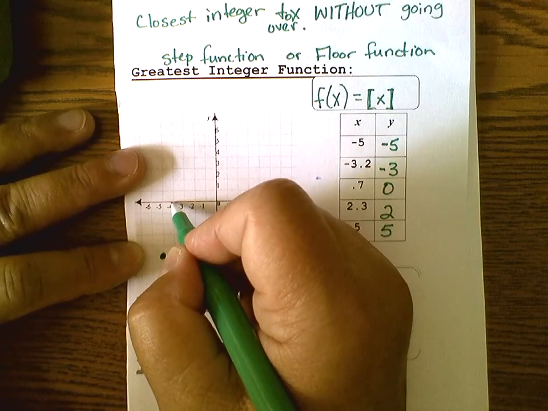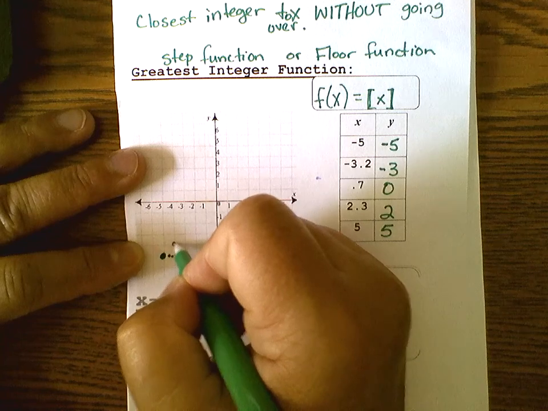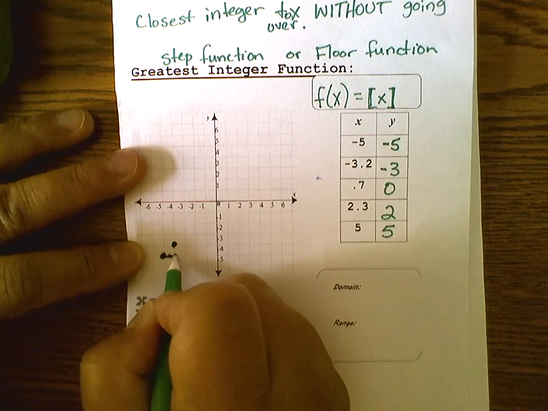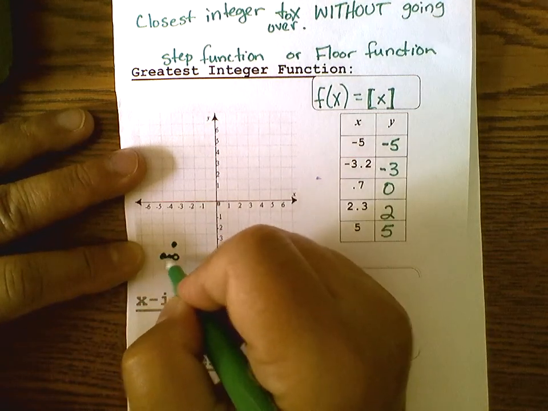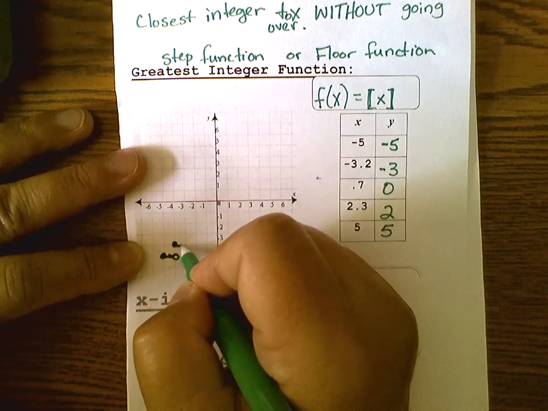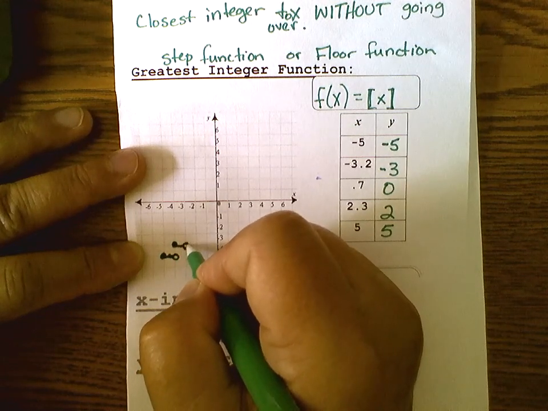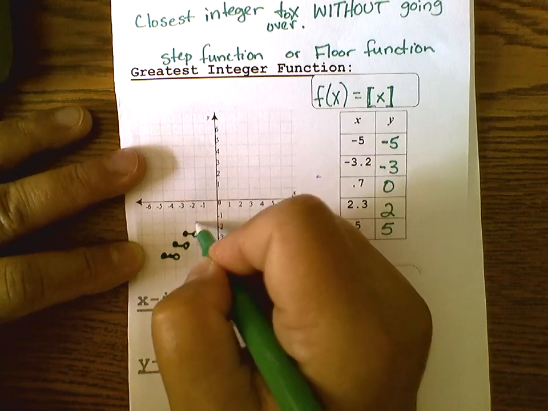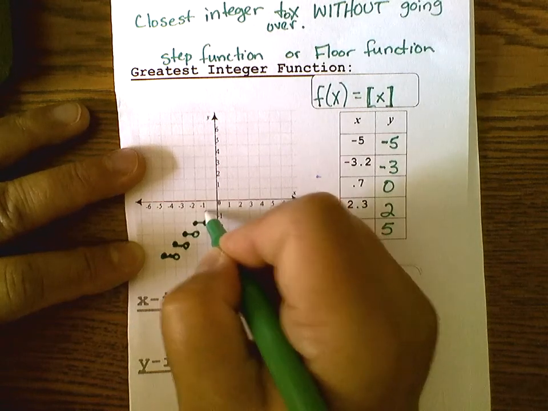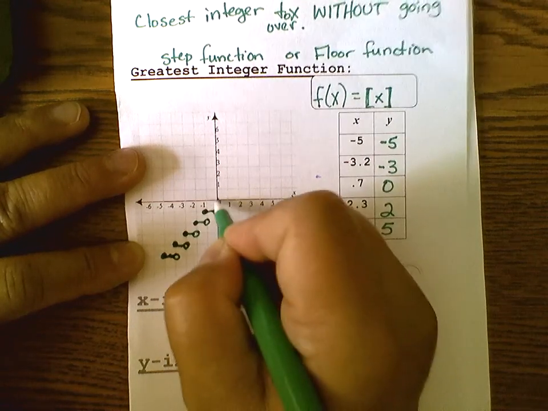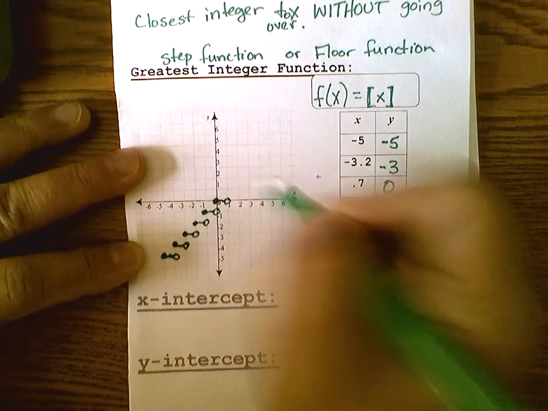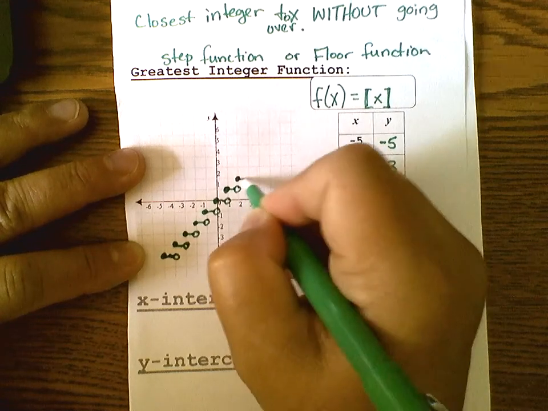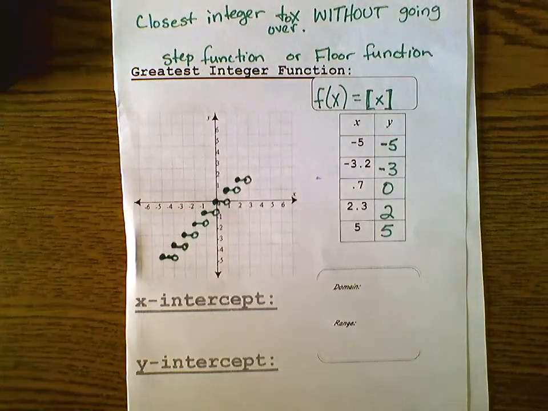But when I get to -4, the greatest integer is going to be -4. So I'm going to jump up to that. So this is how the graph ends up looking. So it's -5 all the way till we jump up to -4. Then we jump up to -3. Then we jump up to -2, and so on. So I always have issue that it's actually the lower number, but it's called the greatest integer function. Okay, you get the idea.